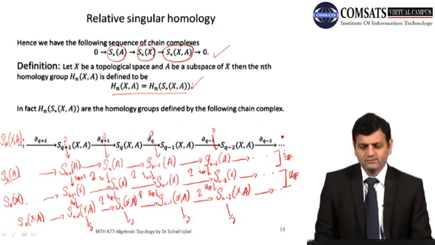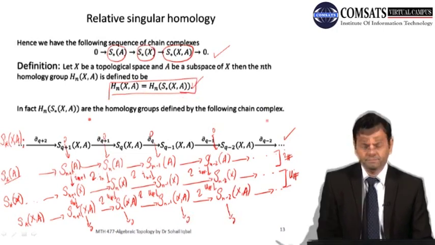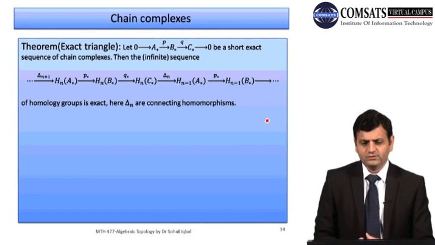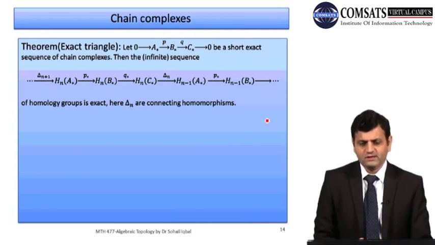So it's very simple, we have this chain complex, we can define these homologies, and we are calling this H_n(X,A). So that's how we define relative singular homology. In our further discussion we will try to explore the properties of this relative singular homology, and we will try to see the relation between this relative singular homology and the singular homology that we are going to call absolute singular homology.